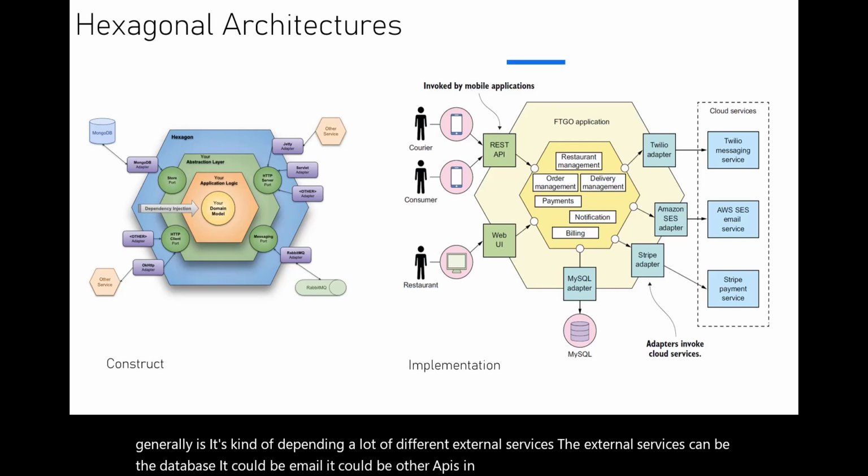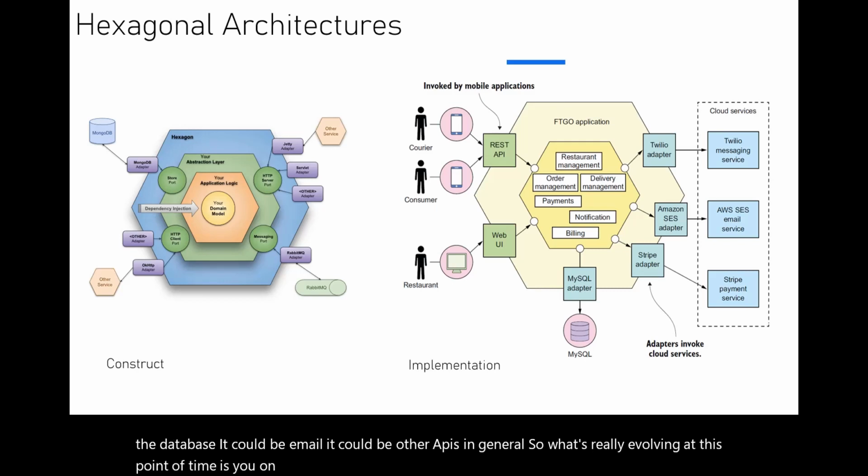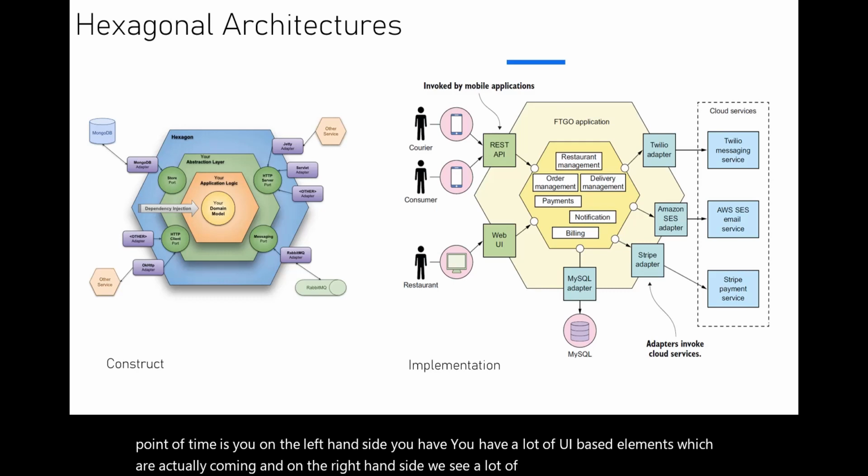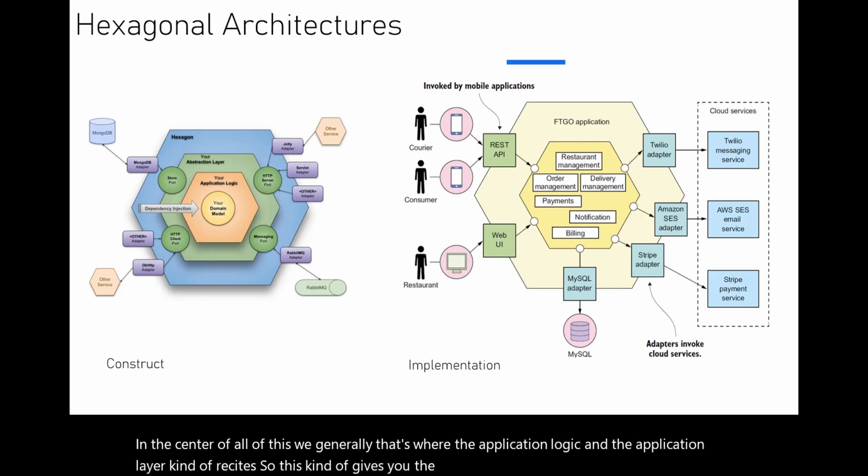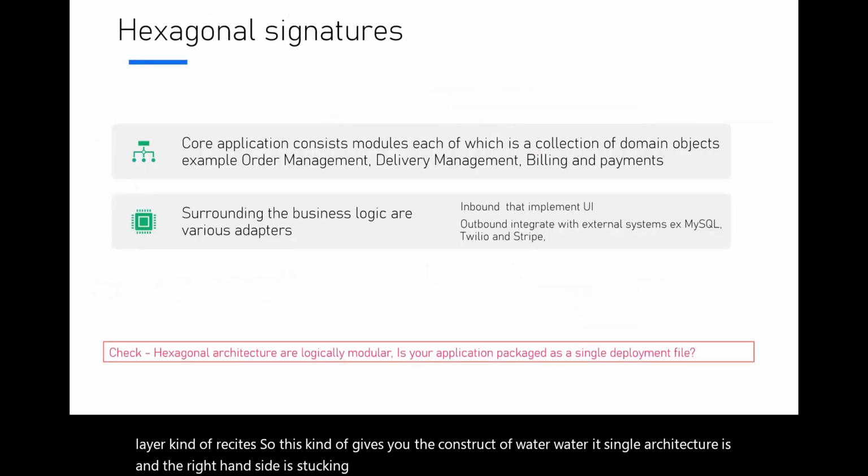So what's really evolving at this point in time is that on the left-hand side you have a lot of UI-based elements coming in, and on the right-hand side we see a lot of services. In the center is where the application logic and the application layer reside. This gives you the construct of what a hexagonal architecture is, and the right-hand side is talking more from an implementation standpoint.